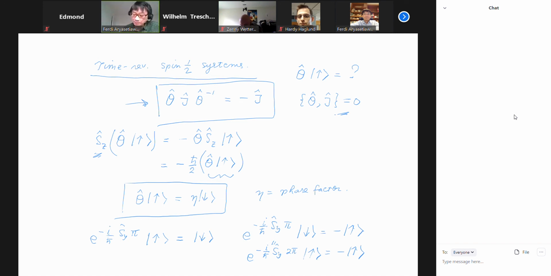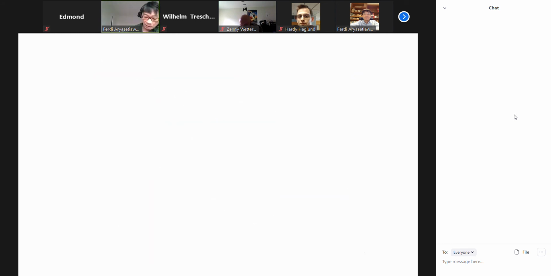So then, using this result here, we can figure out the effect of theta on the spin down. So we convert this first to spin up states. We write spin down states in terms of the rotation of the spin up state by pi, like so.